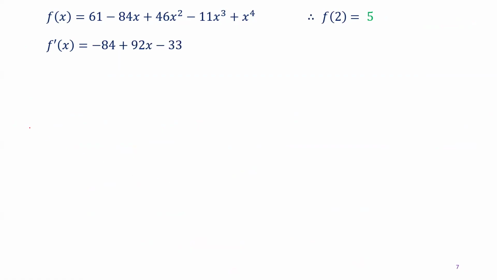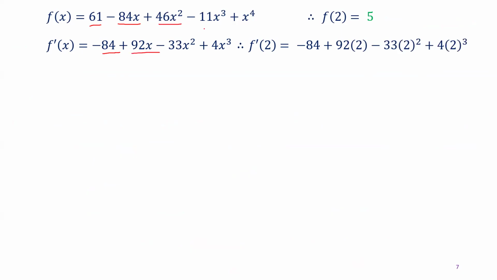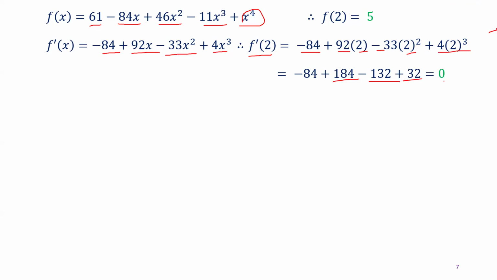The derivative of 61 is 0, the derivative of 84x is minus 84, of 46x squared is 92x, of minus 11x cubed is minus 33x squared, and of x to the power 4 is 4x cubed. If we put x equal to 2, we calculate f'(2), which is minus 84 plus 92 into 2 minus 33 into 2 squared plus 4 into 2 cubed. Simplifying, minus 84 plus 184 minus 132 plus 32, which is equal to 0.